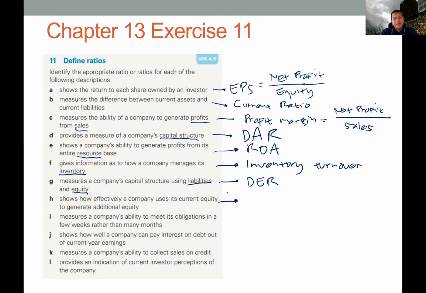So the current equity is basically the total equity that they have. Additional equity could come from their profit. So it's basically the return on equity. Right, so the net profit divided by the average equity.